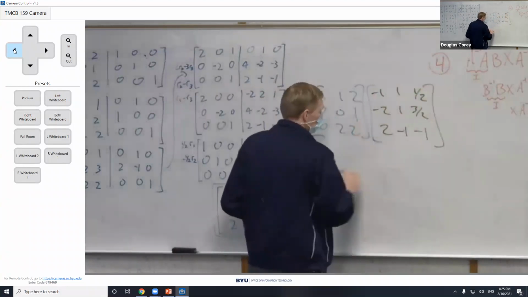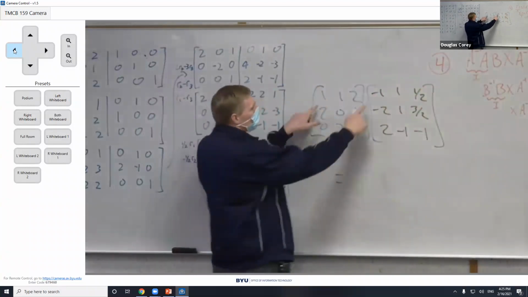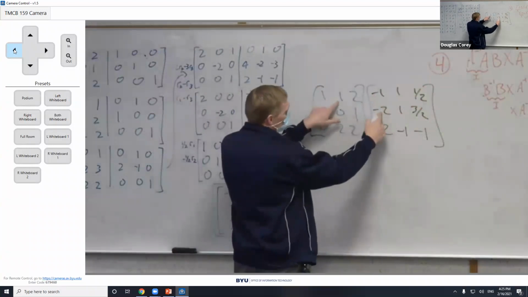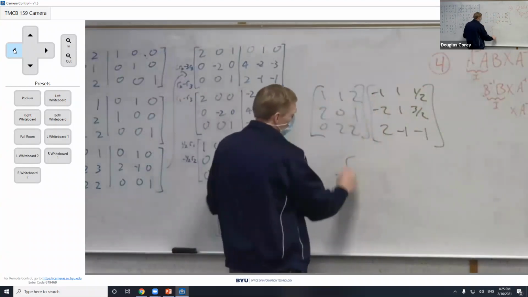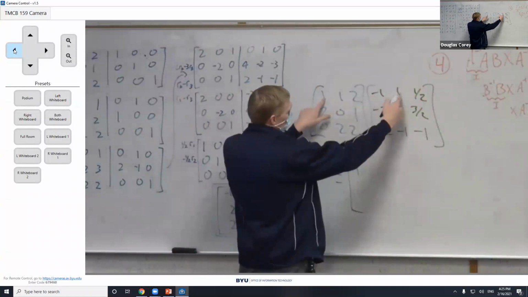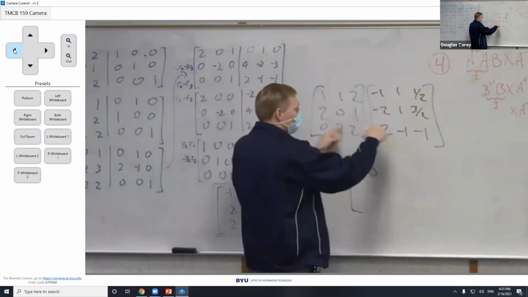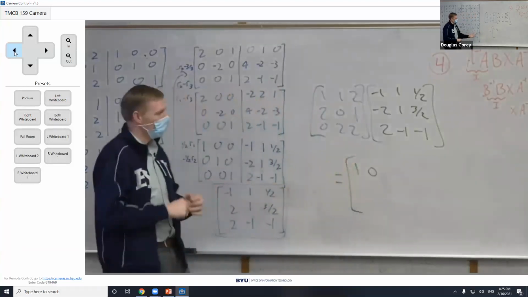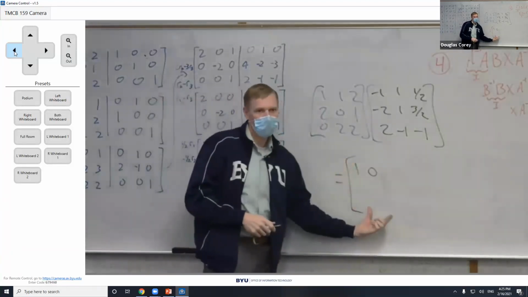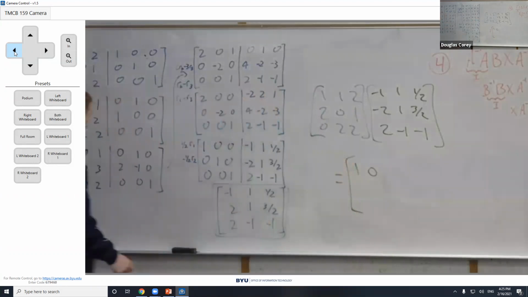So actually do the multiplication. -1 times -2, so I have a -3 plus 4. That gets me a 1. There I have a 1 plus a 1 minus a 2. That's a 0. And you can just keep going through to check, and you better get the identity matrix over here. If you don't, then you did something wrong when you were row reducing.